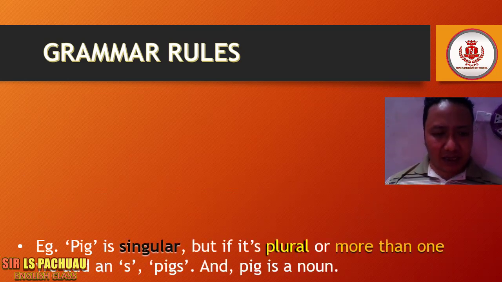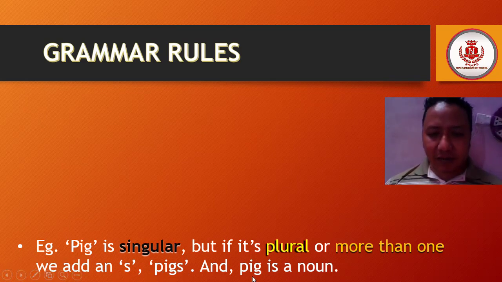Pig is singular, but if it's plural or more than one, we add an s, right? Like this. Pigs, and pig is a noun. You all know a pig, right? So here, this is how it goes with noun. Understand? Singular and plural.